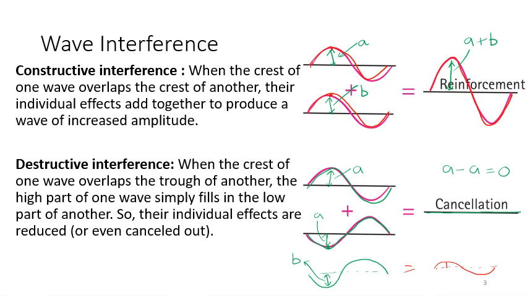The height of this part equals A minus B. Here the amplitude is A, and that's why you have a cancelled wave. But at this time we have amplitude B and the resultant wave A minus B. So you have an A minus B resultant wave. This is destructive interference.